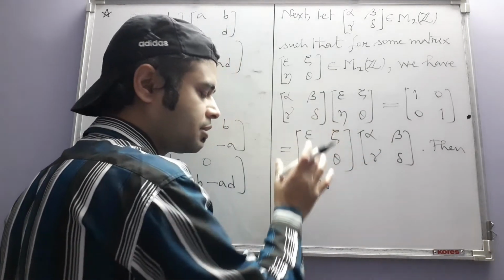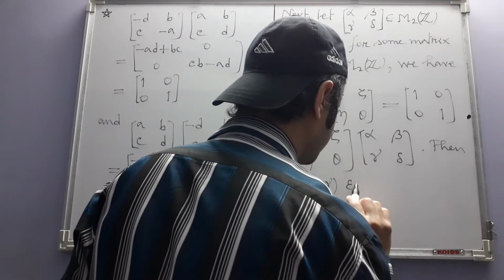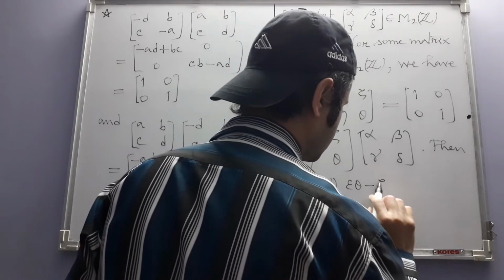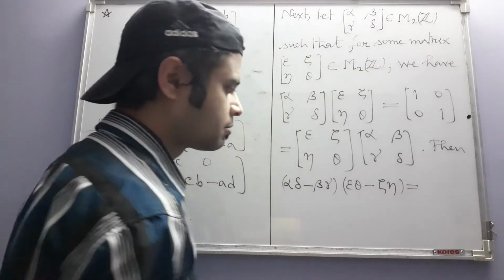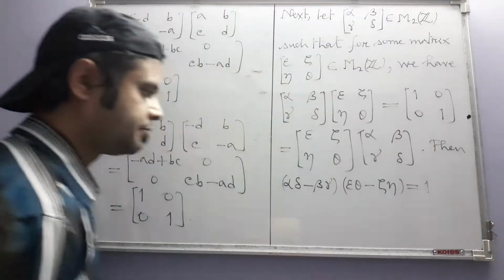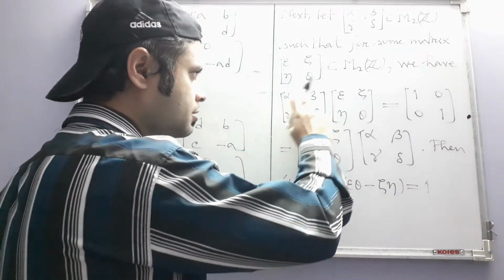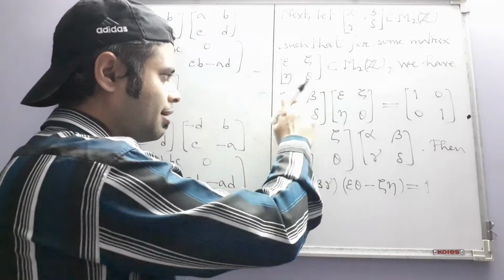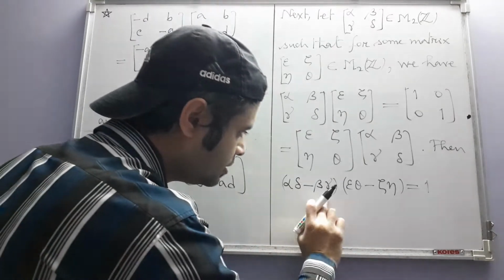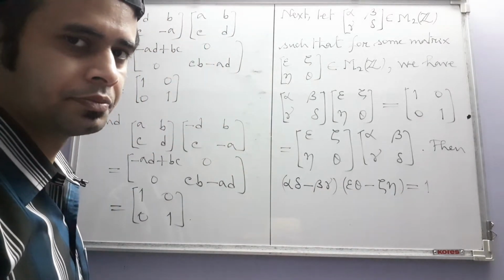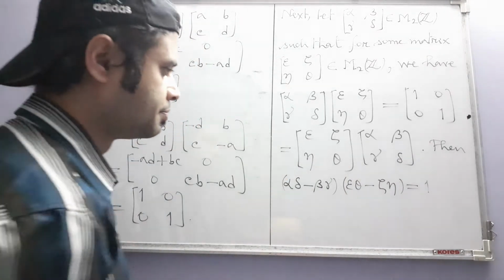The determinant of the first one is this times the determinant of the second one, epsilon theta minus zeta eta, is equal to the determinant of the identity matrix, which is 1. Now in this equation, note one thing, that because these are all integer matrices, alpha, beta, gamma, delta, epsilon, zeta, eta, theta, all these are integers. So these two are integers. Okay, so the product of these two integers is 1.